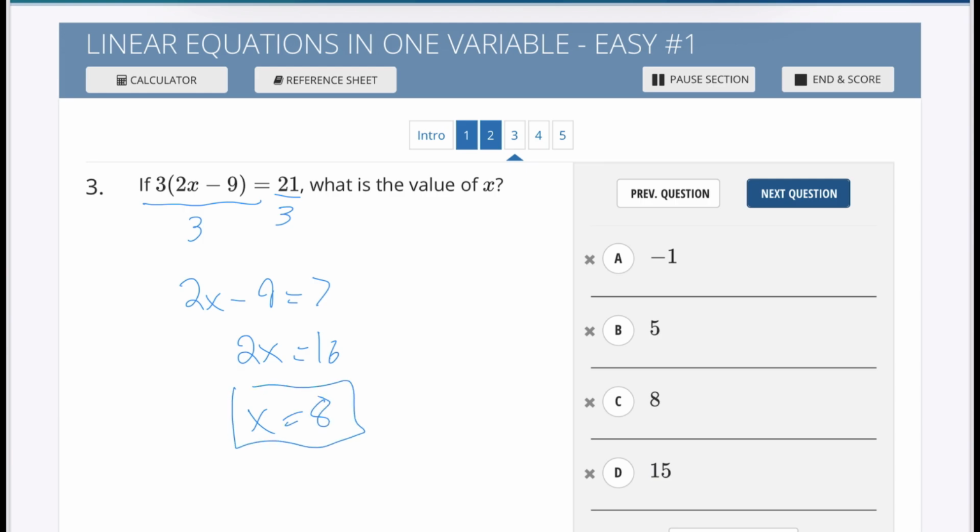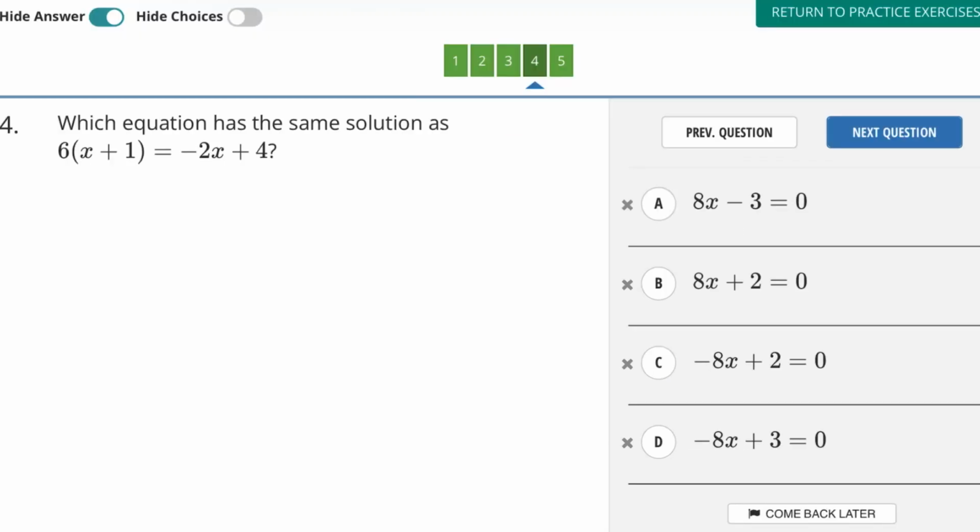Our answer is C. For this next equation, there is somewhat of a trick, but it's not a big trick. So don't overthink it. So what you would have to do is pay attention to what the equation is asking you. It is saying which equation has the same solution. It does not ask you what is the solution, rather it asks you which equation has the same solution.